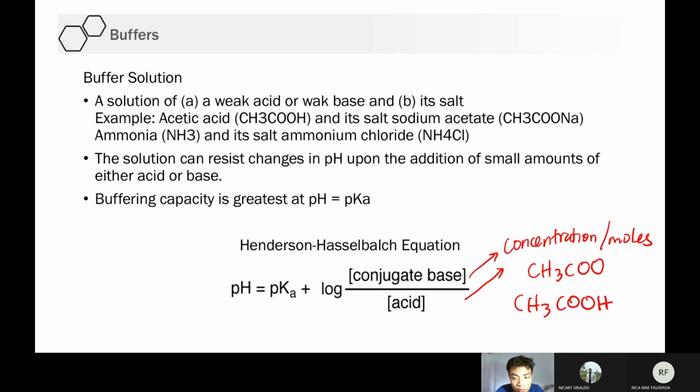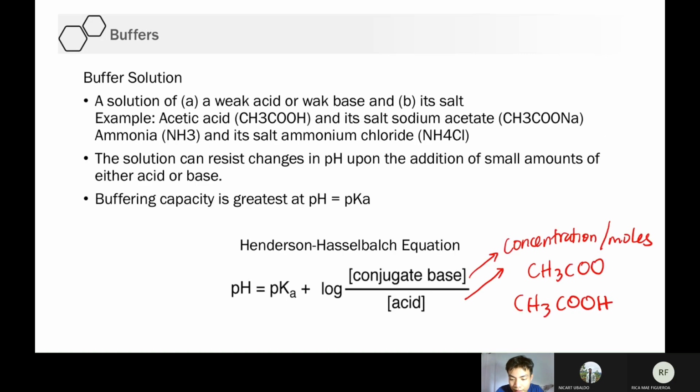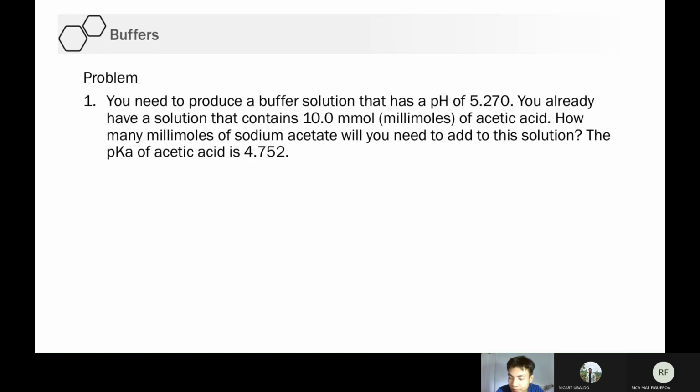Ano yung pH ng buffer solution mo? So siya yung magsasabi. Si Henderson-Hasselbalch equation. Okay. So, let's try this problem. Dalawang problem lang meron tayo dito. Kasi hindi naman natin ito i-focus masyado. Dadaanan lang talaga natin to. Okay, so you need to produce a buffer solution that has a pH of 5.27.